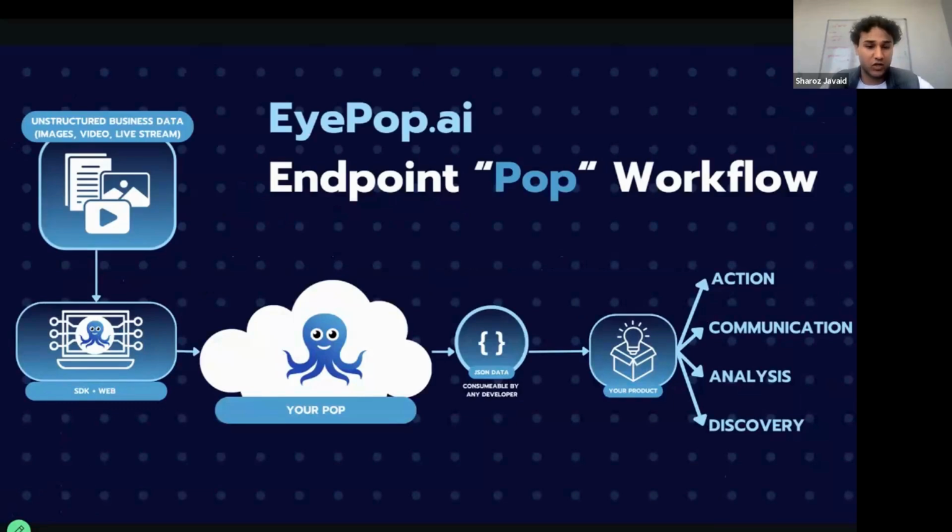And you'll create and train your model, and you'll be outputted this pop. And this pop or endpoint basically will be a combination of different models if you so choose, and it will output you this rich JSON data, which you can hand off to your developers, and they will use to power your product for any business outcome which you are looking for.